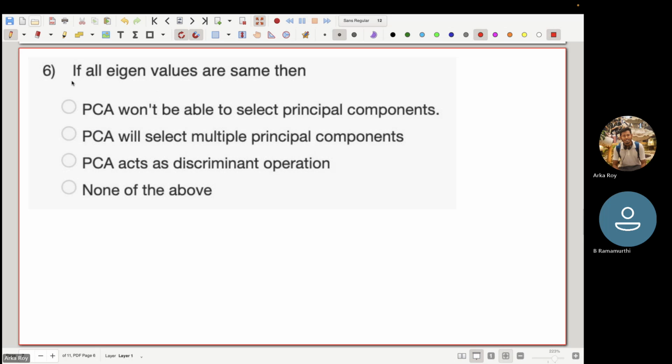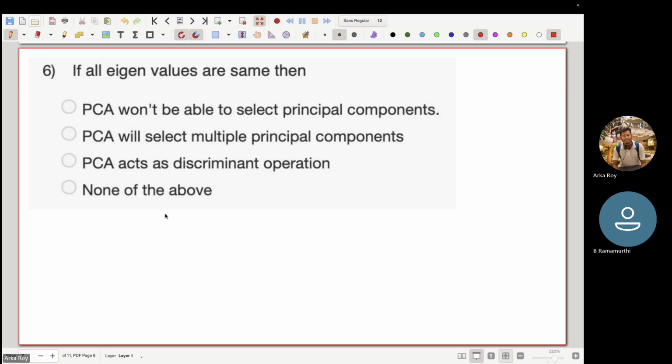Next question is, if all eigenvalues are the same, then what would happen? We know that in case of PCA, we first calculate the covariance matrix, do the eigenvalue decomposition, get different eigenvalues, and then based on the strength of the eigenvalue, we consider some of them.